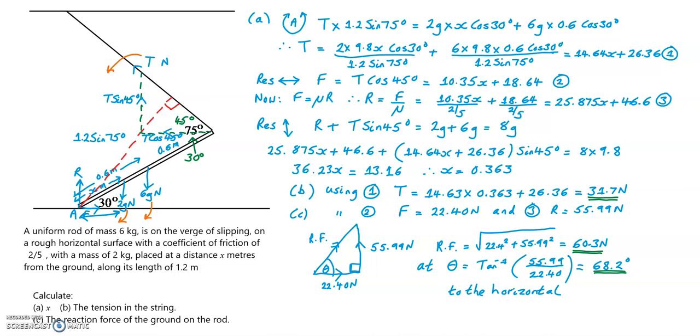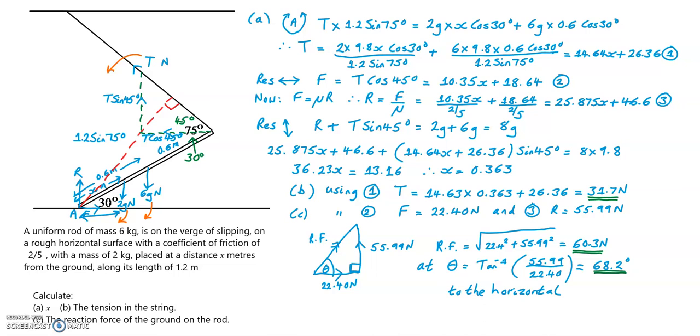Now drawing a right angle triangle force diagram, I have shown this, and RF is the reaction force. So the reaction force using Pythagoras' theorem will be the square root of the frictional force squared plus the normal reaction squared to give a reaction at the ground on the rod of 60.3 newtons to 3 significant figures. Now because this is a force, it's a vector quantity, the angle that it makes to the horizontal or the vertical will need to also be worked out.